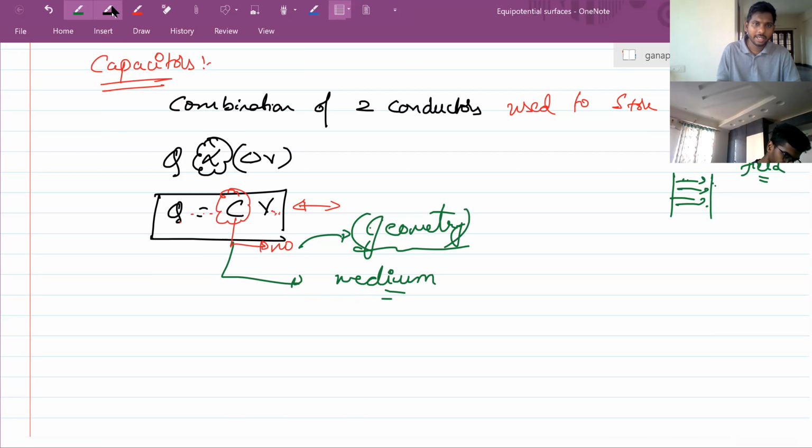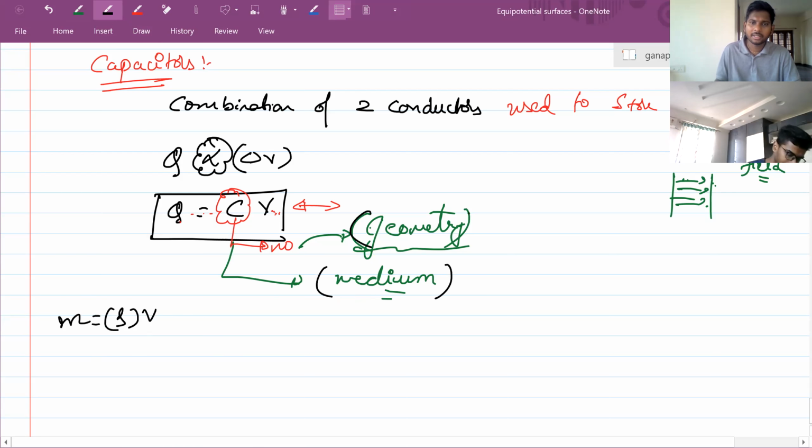For example, we can write mass is equal to density into volume, right? Shape, size, and surrounding medium. So we see shape, geometry, and medium also. So mass is equal to density into volume. So we can write volume is equal to mass by density, right?